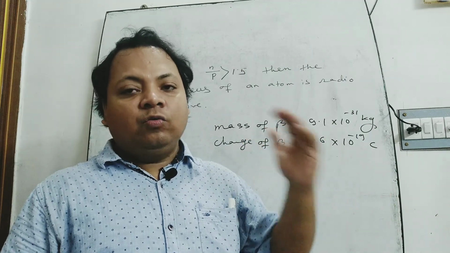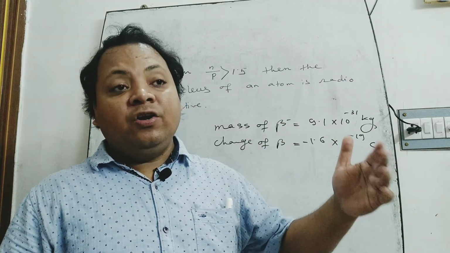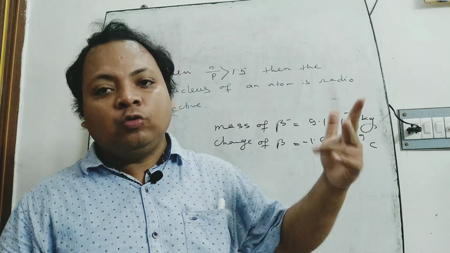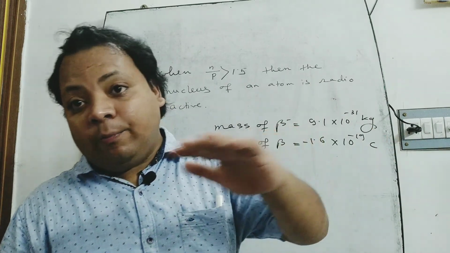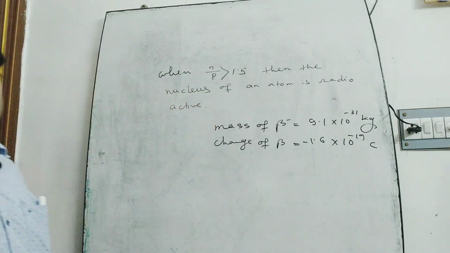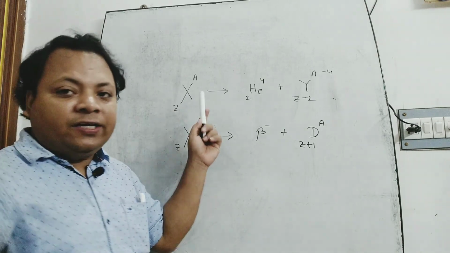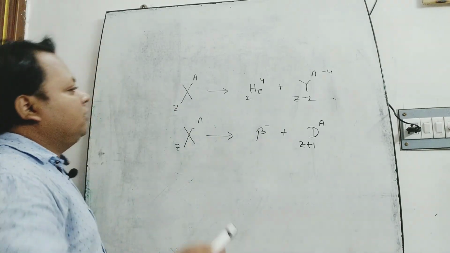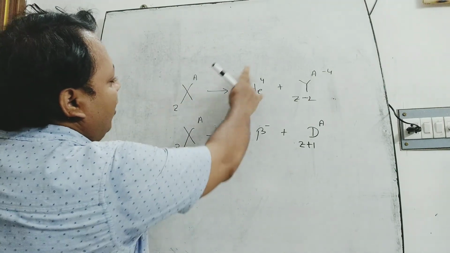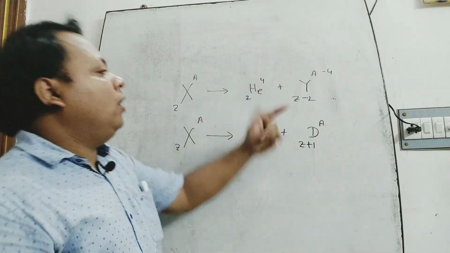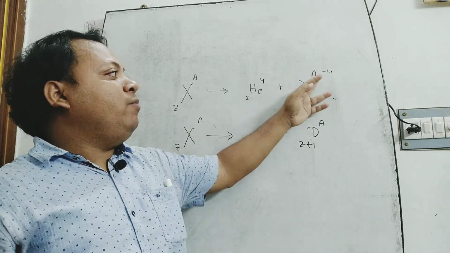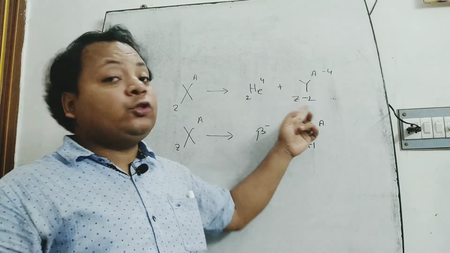That's why the daughter nucleus has an atomic number 2 less, and the mass number 4 less than the parent nucleus. Let this be the parent nucleus, its mass number is A and proton number is Z. When it emits one alpha particle, that is the nucleus of a helium atom, then the daughter nucleus has A minus 4 mass number and Z minus 2 proton number.